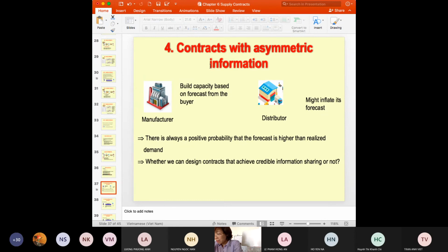But usually the distributor inflates their forecast. You know, inflate is like make it bigger than the real.